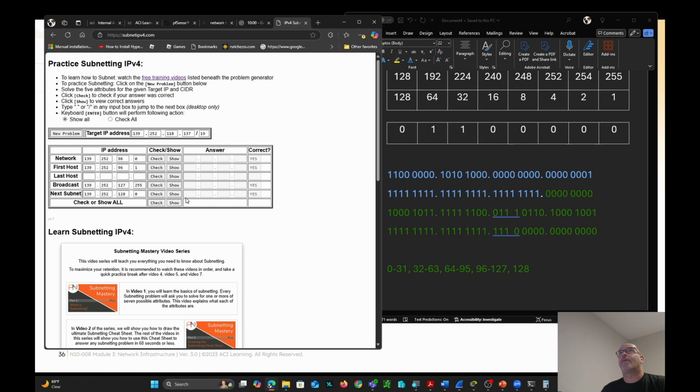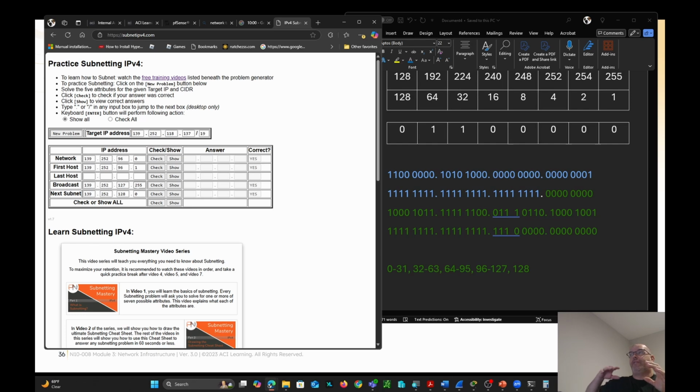Is it because the last chunk of binary in this is just all zeros? It's actually all ones at the end. So yes, you are correct, Abigail. It's all because it's all ones.